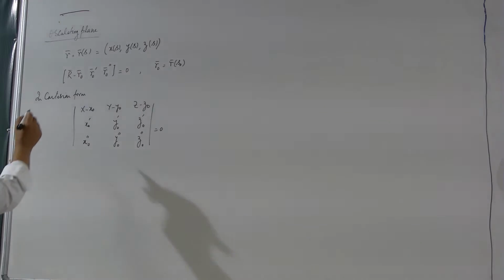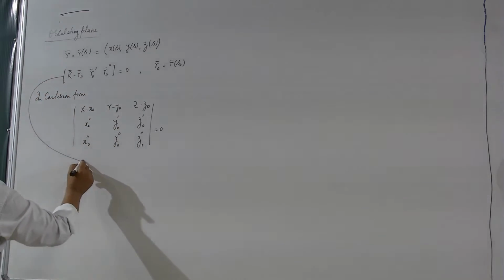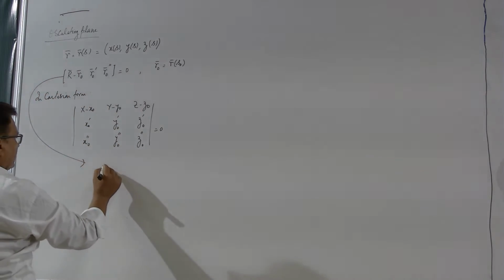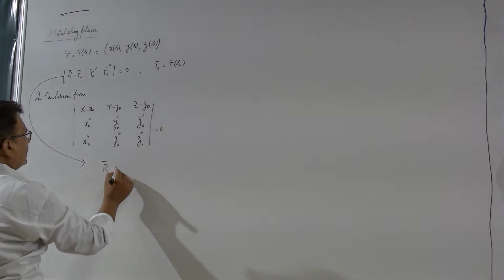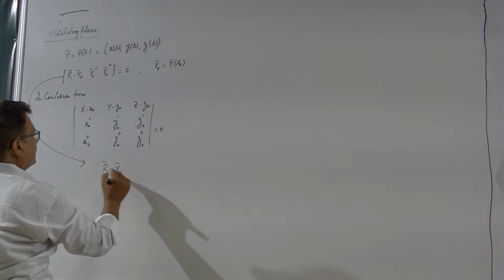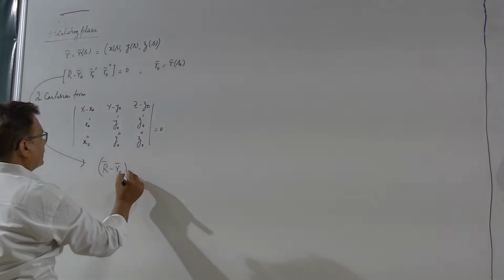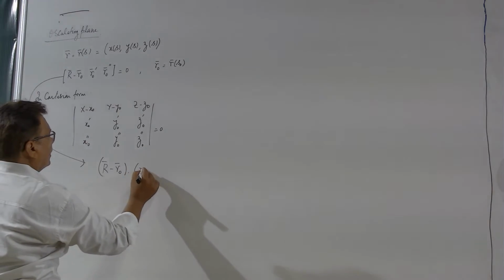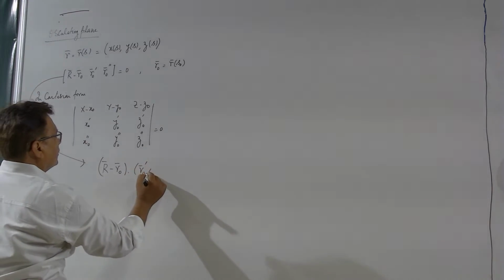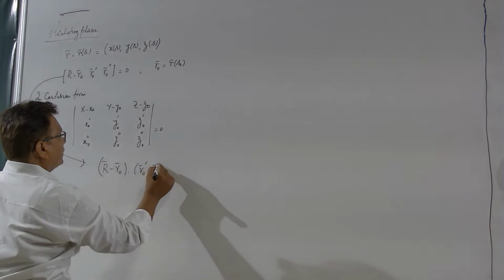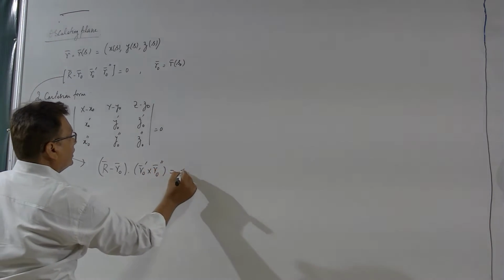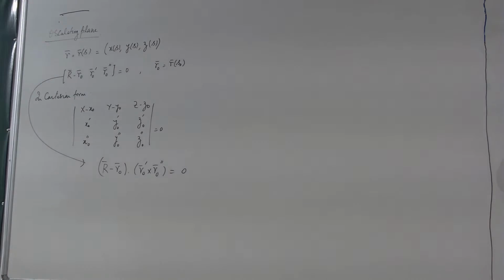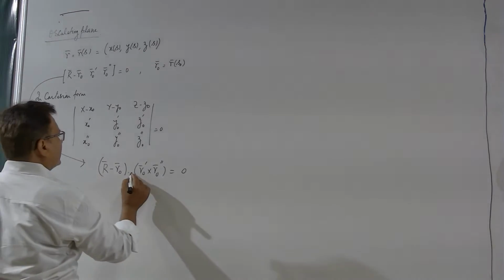Now, this equation, if you look at it closely, you can rewrite it as (r minus r0) dot (r0 dash cross r0 double dash) equal to 0. So, you will say that the osculating plane is a plane whose normal vector is this.